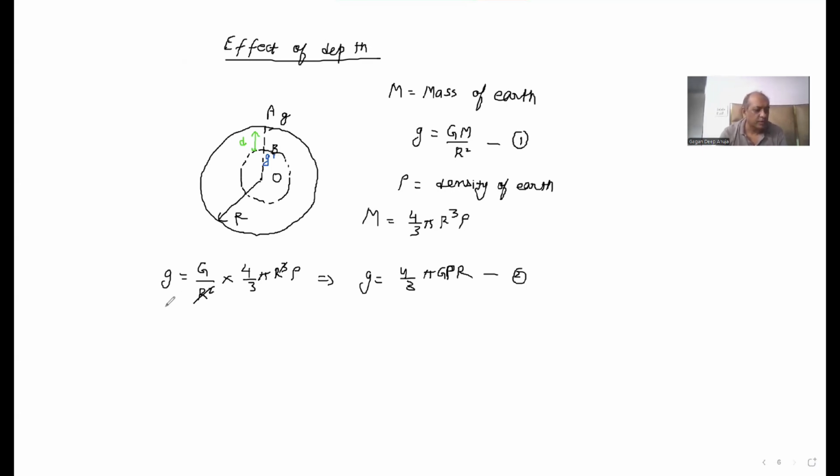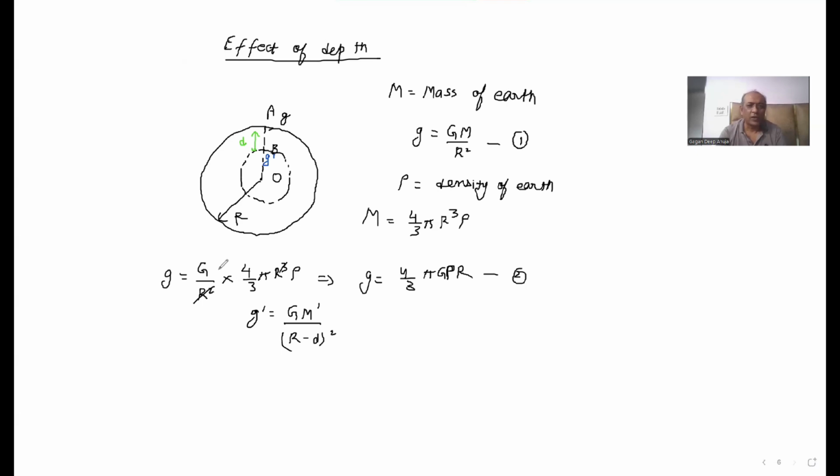So g dash, that is acceleration due to gravity at depth d, will be equal to G M dash divided by (R minus d) whole square.